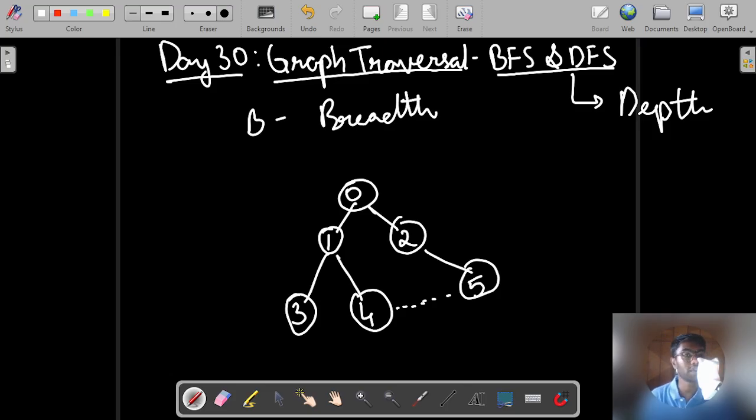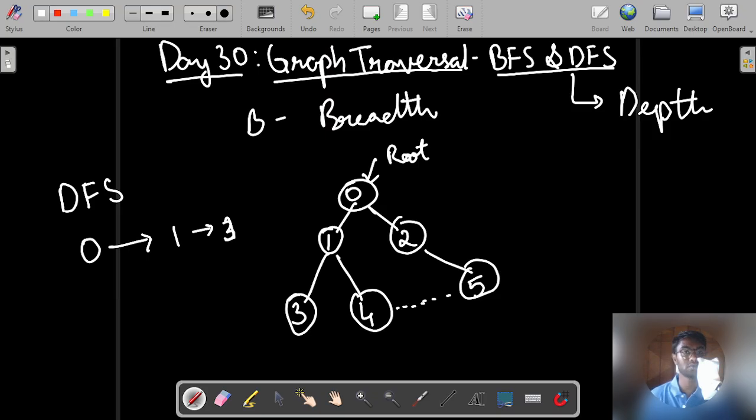So DFS stands for depth first search. We pick a node, maybe let's say this as a root node, and we traverse the adjacent node. Let's say we go to 1, and 1 has a neighboring node of 3.